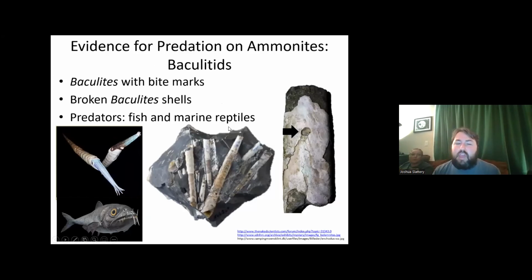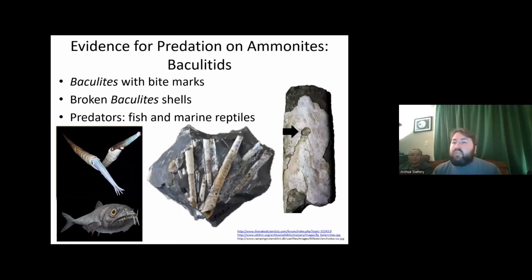Baculitids also show evidence of predation, again not very well published on. We do find little puncture marks on baculitids, actually on both sides, which is kind of interesting. Also, most baculitids, these guys right here, are always broken up. And the question is, why are they always broken up?